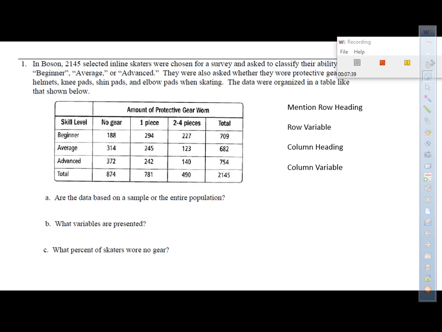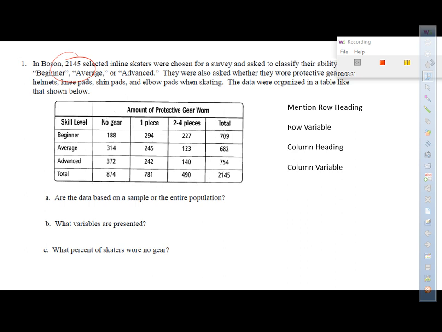Now, looks pretty simple, but let me start throwing some things out at you. Whenever I look at this information first, I need to decide, is it based on the sample or the entire population? So come back to this in Boston, 2,145 people.